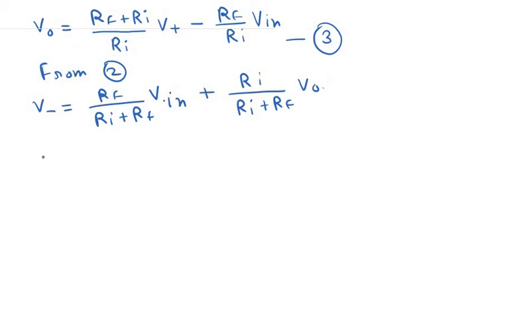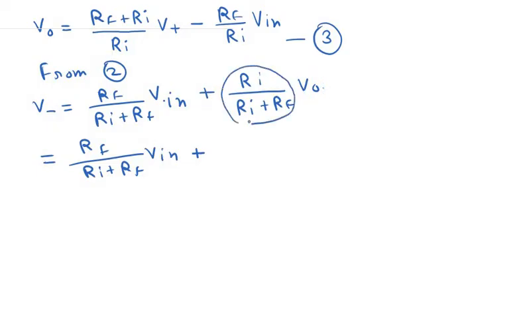Then we get Rf divided by Ri plus Rf V in plus Ri. So we replace this value here from this equation, and this Ri divided by Ri plus Rf and this Rf plus Ri divided by Ri, these two factors actually cancel out. So we are left with only V plus here.